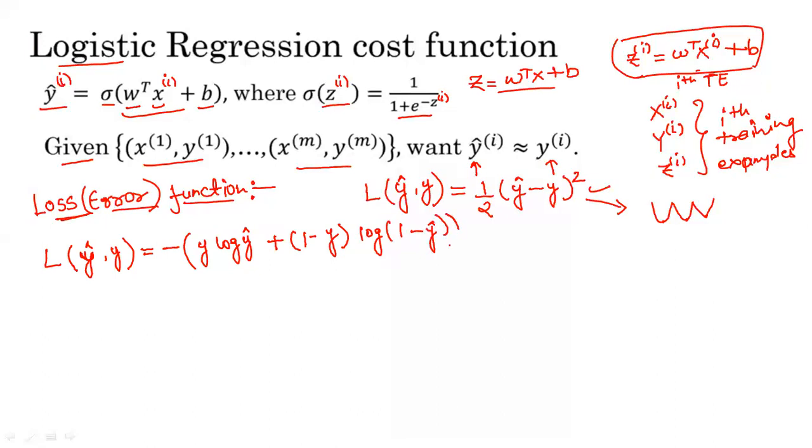I'll close this last bracket also. This is the loss function that mathematicians have derived for the logistic regression problem: minus of y log y hat plus 1 minus y log 1 minus y hat.